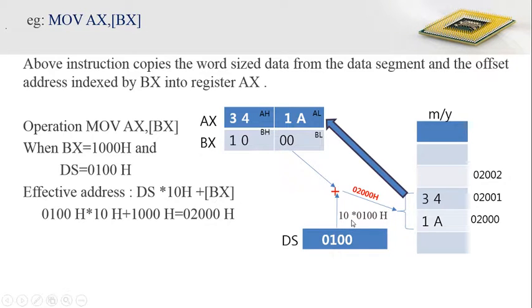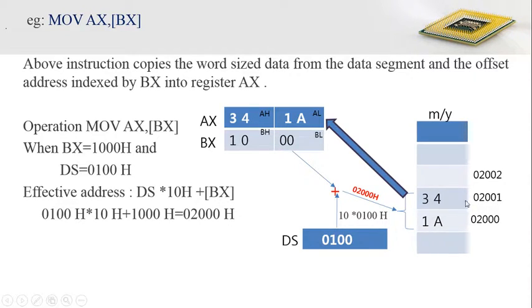First perform this multiplication, then add the content of this BX register, and in total we now have the exact 20-bit physical address, that is 02000H. In the 1 MB memory starting from 02000H, we need 2 consecutive bytes, available from this address location and from 02001 also.